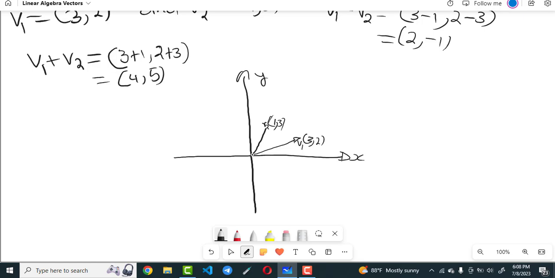The addition of the 2 gives us a new vector, which is a position vector 4 and 5. Let us call it v3. So this is the combination of the 2. So we can represent this on a vector plane.